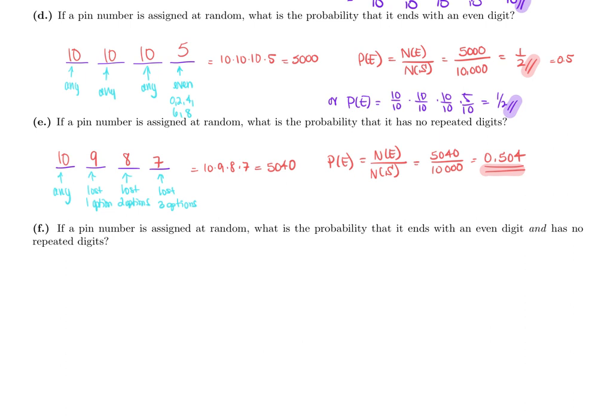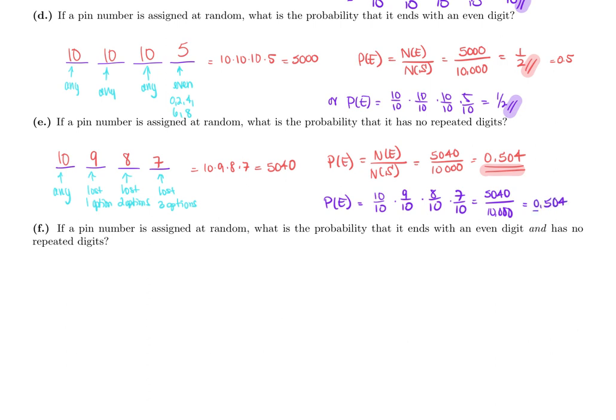It's the same thing. If we wanted to look at this one by doing our probability of our event, our number of possible ways of the event happening over the sample space for each digit separately again, it would be 10 out of 10 ways times 9 out of 10 ways times 8 out of 10 and 7 out of 10. So that is our probability for each one, right? And that would still give us the same thing as above. That's still 5,040 over 10,000, which is still 0.504.